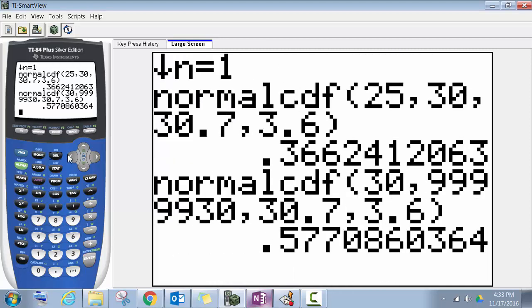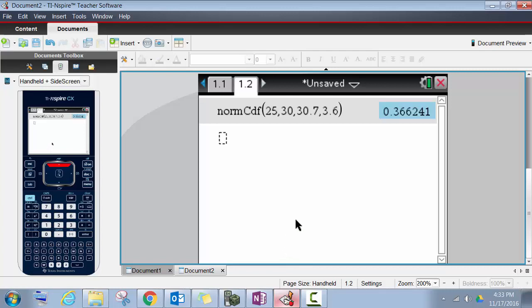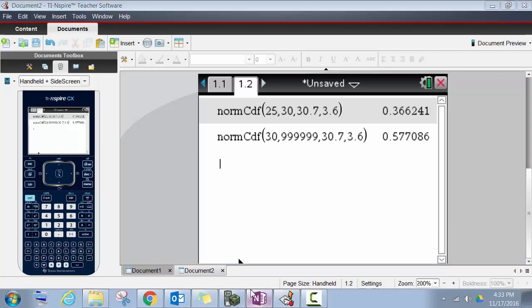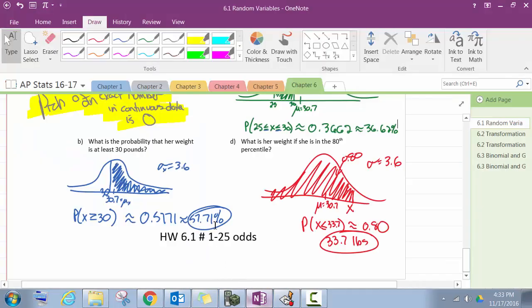And we get 57.70%. Again, do not give me 58%. If we're using this, we're going from 30 to 99999, same thing. So we get 57.71% or something close to that.